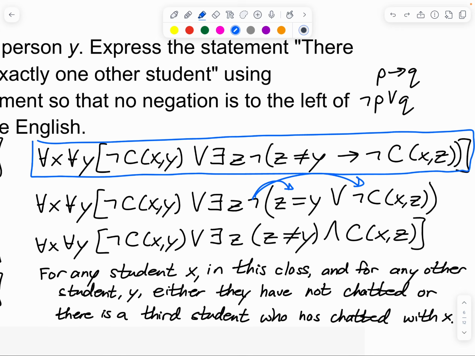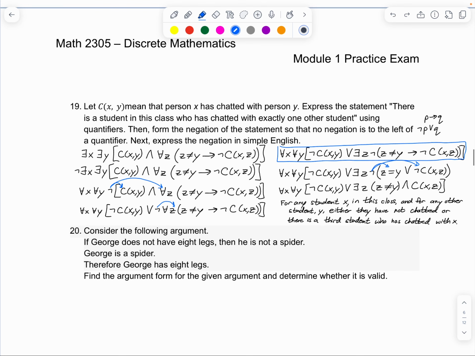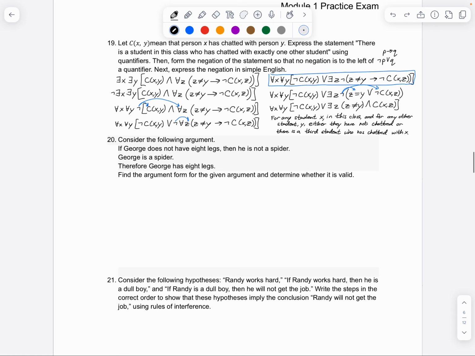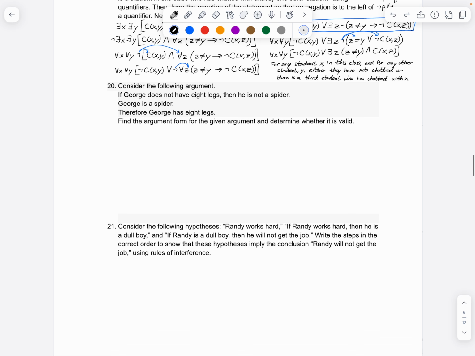It gets much, much easier if you can change it into an or statement and then distribute that negative. It just gets easier to understand. Not a requirement. It does kind of verify that your final answer will be easier to understand and a little bit easier to verify that it's logical. So hopefully that makes sense. If it doesn't, send me an email.